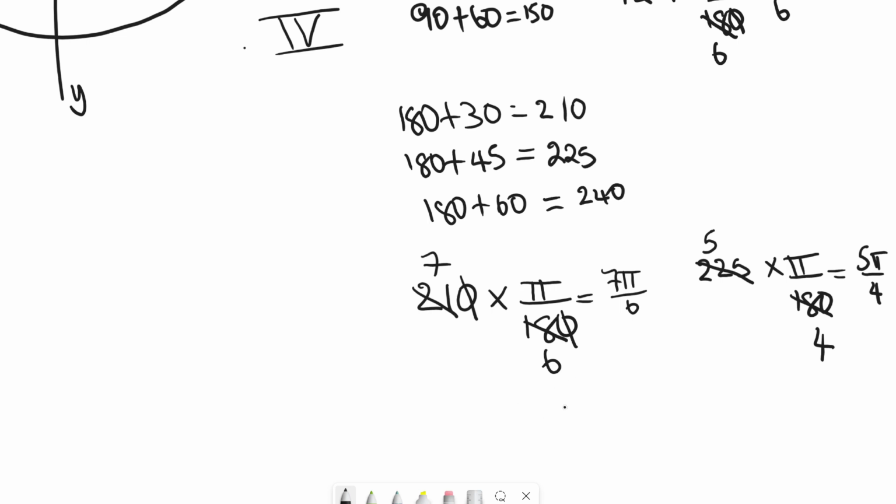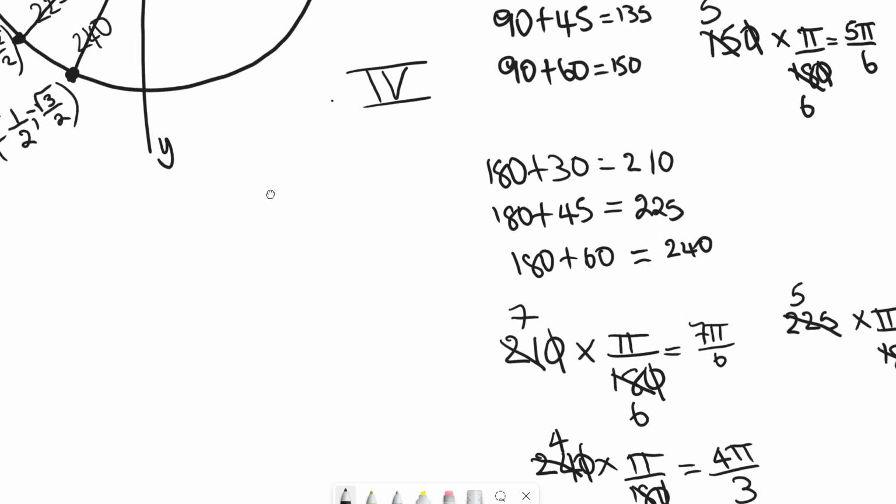And then we have 240 times pi over 180. My zeros go. I can use 6 actually. 6 divides 24 4 times. And 6 divides 18 3 times. So this is going to give us 4 pi divided by 3. So I can now go up and plug these in.